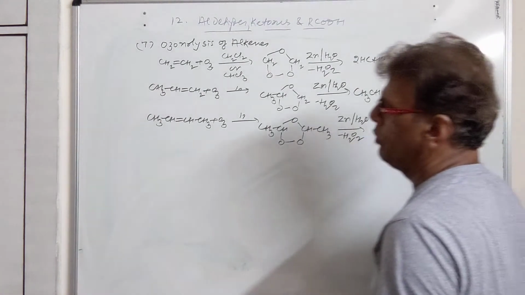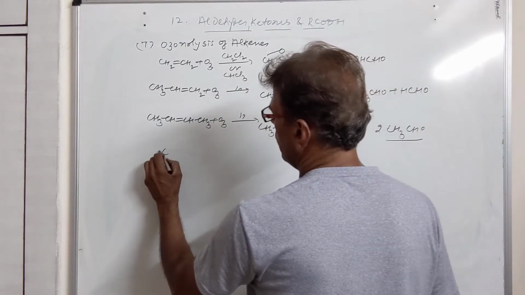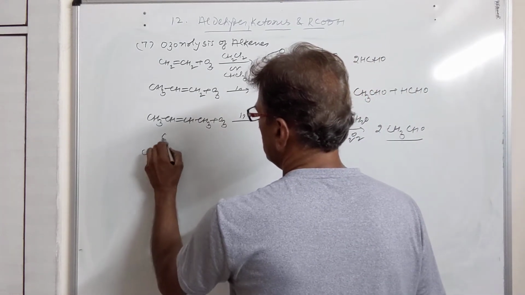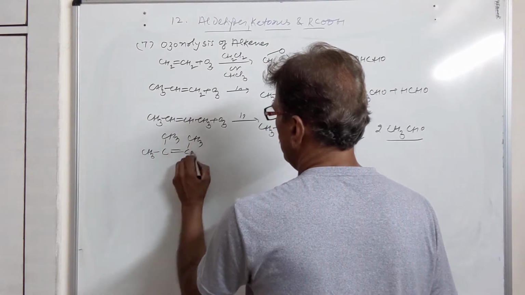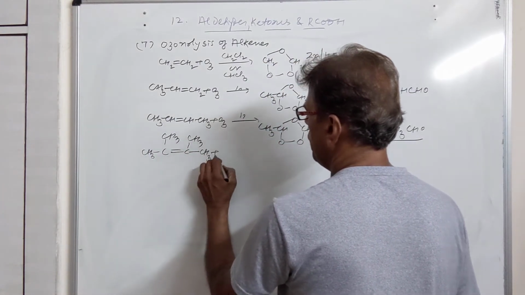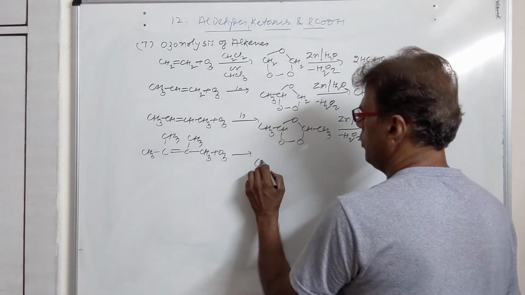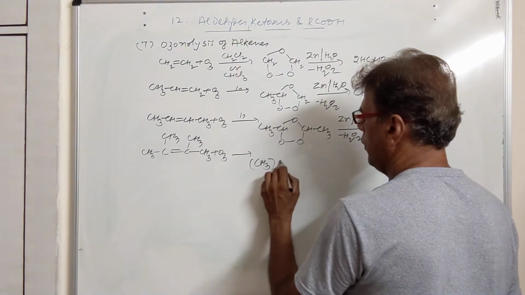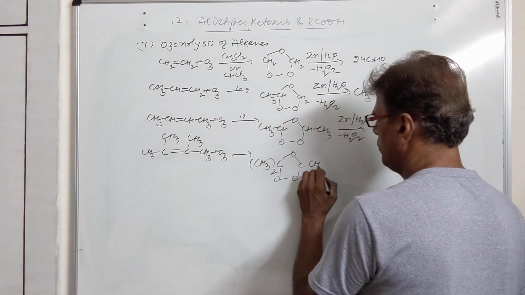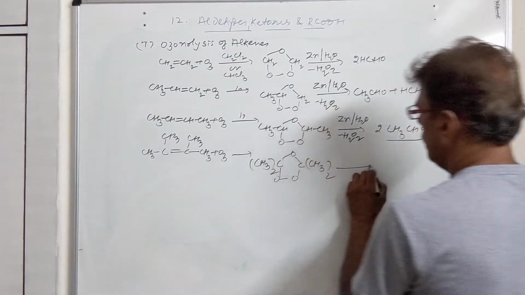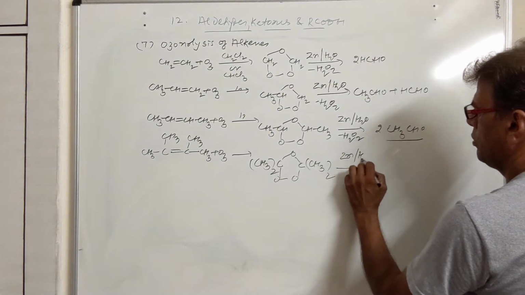To get a ketone, we must have two alkyl groups on the double bond. So this is 2,3-dimethyl butene treated with ozone. It will give you CH3 twice, ozonide. This is treated with zinc and water.